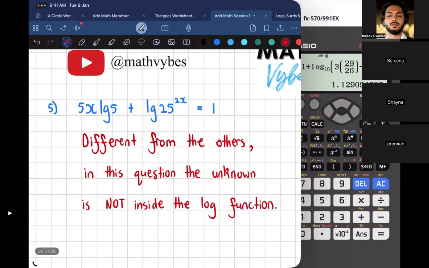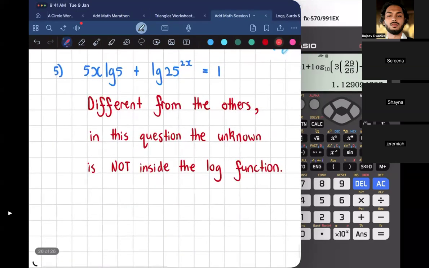So in other words, this is just a glorified algebra question. This is just a glorified algebra question. So let me show you what I mean by that, right?